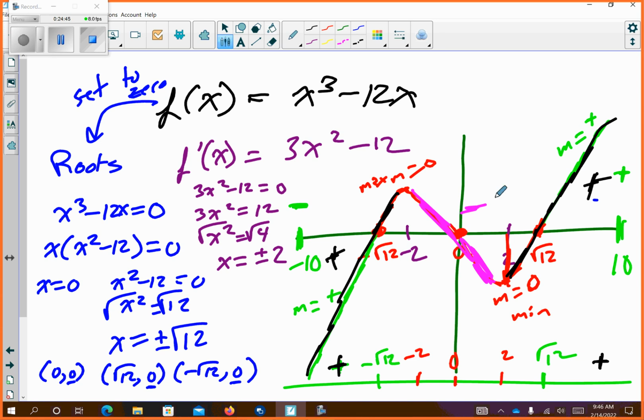So our sign line comes out pretty nicely, where we have positive here, negative here. These are our major values, and then we get positive over here. That's all positive, and that's all positive. Negative takes place in between, meaning the slope of the tangent line would be negative at that point. It's decreasing at certain regions. It's increasing.